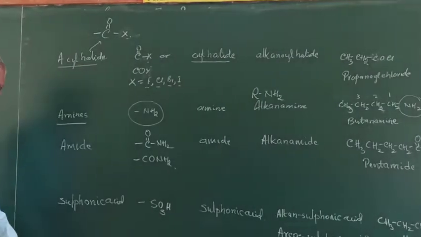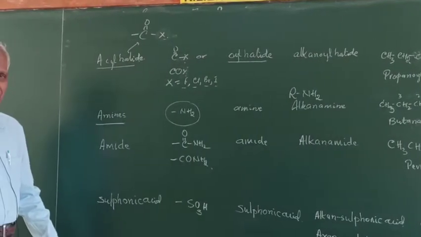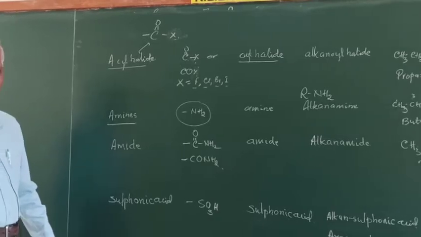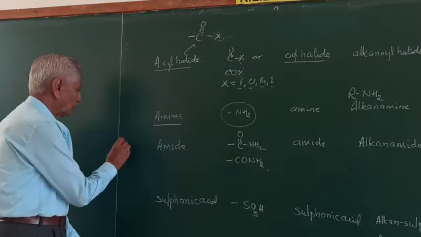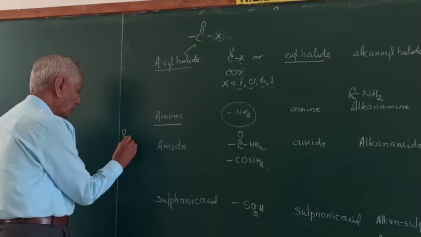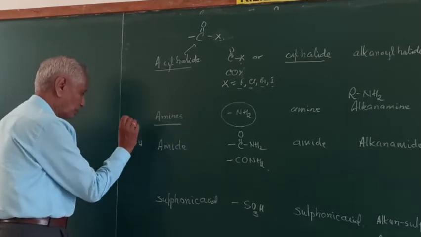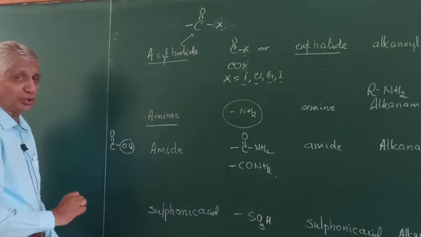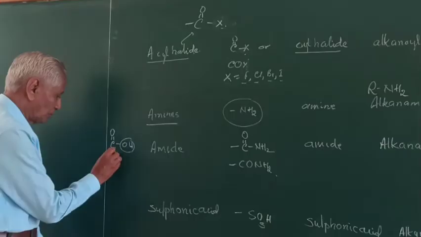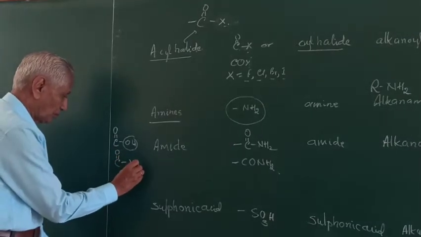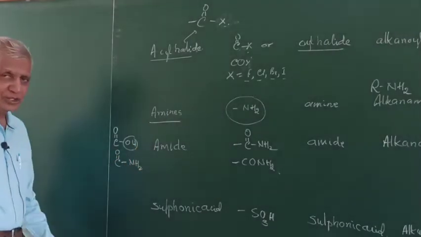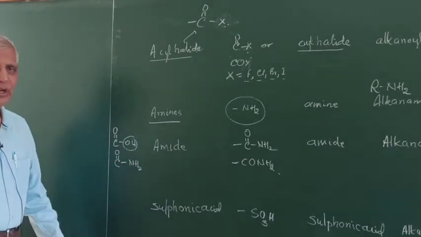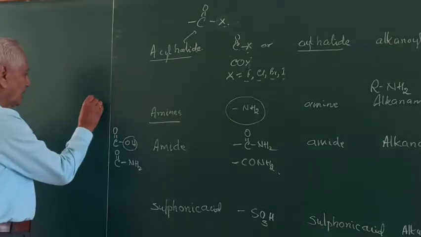Next class of organic compounds is amides. Amides are also obtained from the acid group, COOH. Now if this OH group is replaced by NH2, you get the group CONH2. Say, for example, take an alkane RH.